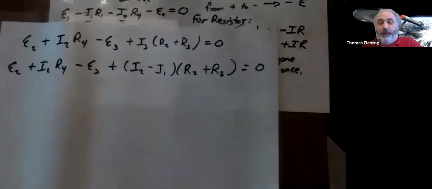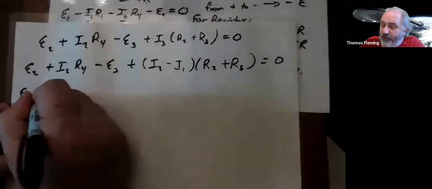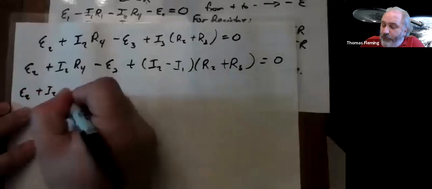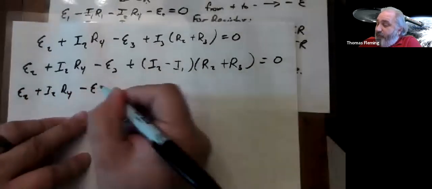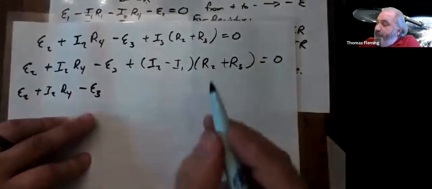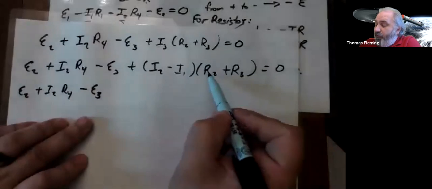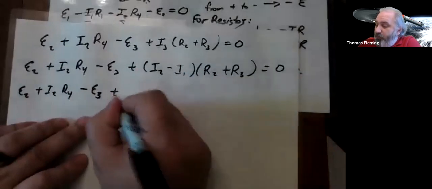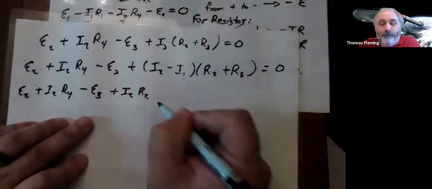First thing I'm going to do is FOIL this out. So I'm going to have EMF2 plus I2 R4 minus EMF3. Now, when I FOIL this out, it's going to be this times this. So it's plus I2 times R2.